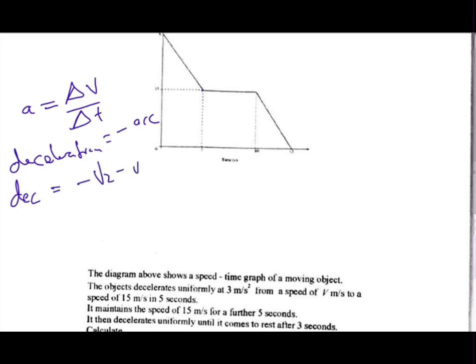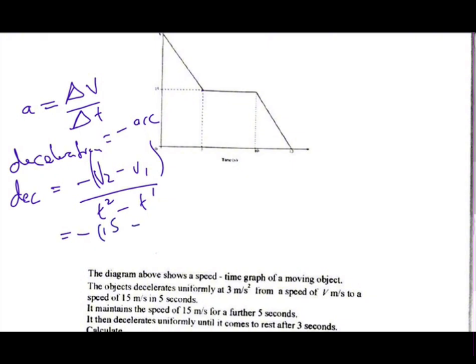So the change of v is given by v2 minus v1 over change of time t2 minus t1, which is equal to minus, v2 is the final velocity there, which is equal to 15, and then v1 is the v that we want to calculate.